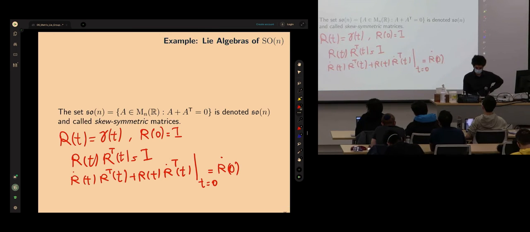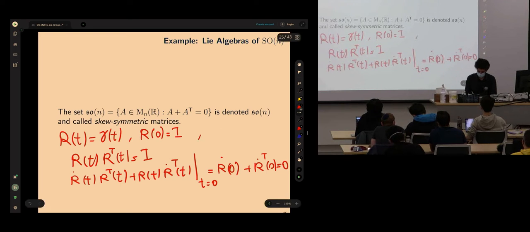So when I evaluate it, this becomes R dot at 0 plus R dot transpose at 0 equals 0, because the derivative of the other side, the identity matrix, is 0. Now, I can also say that my initial velocity is some matrix A.